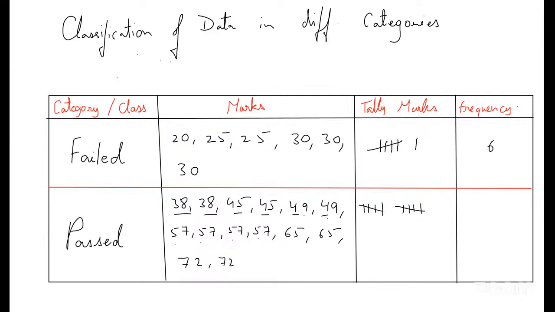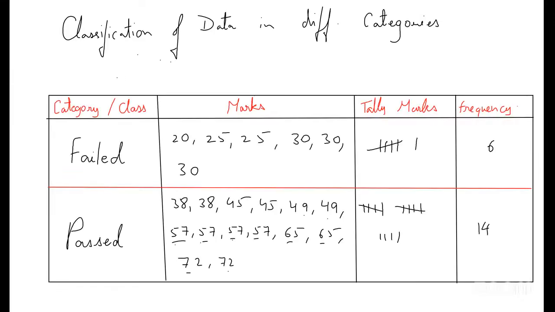So how much? 5, 5 and 4, 14. Total are 40. Okay. So now we have the numbers.